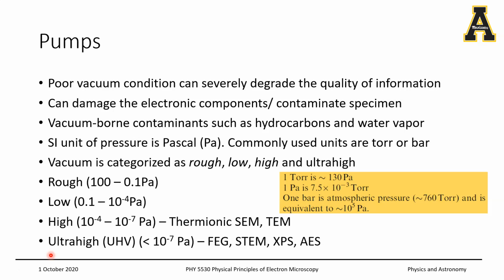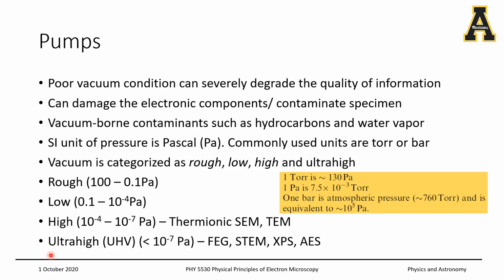So the whole idea is, let's say you want to order an electron microscope, and you want to figure out, hey, I got this electron microscope, what kind of vacuum system do I want with it? Because usually you can customize it. And then you would know that, okay, if it's a field emission gun, I need to rely on these pumps that have these properties, and we'll talk about those in the subsequent slides.